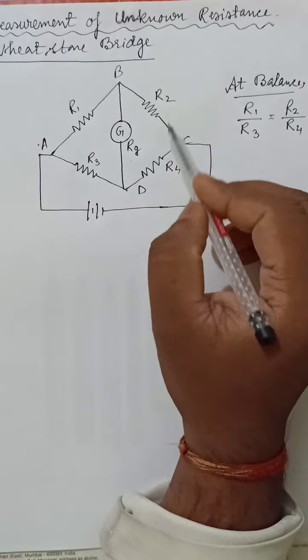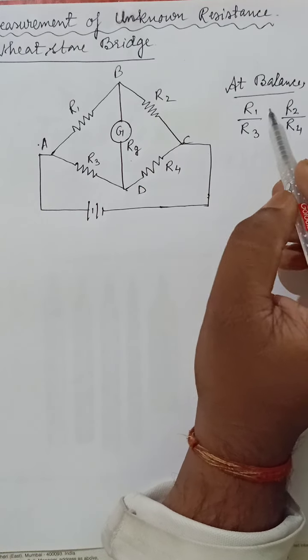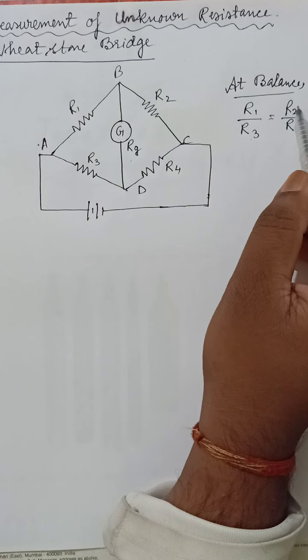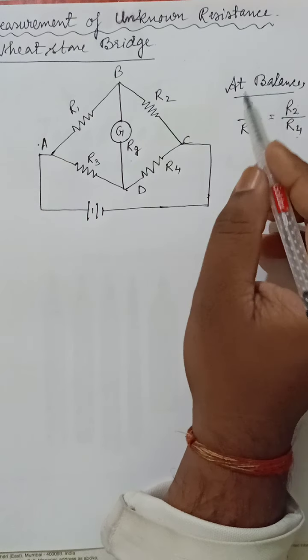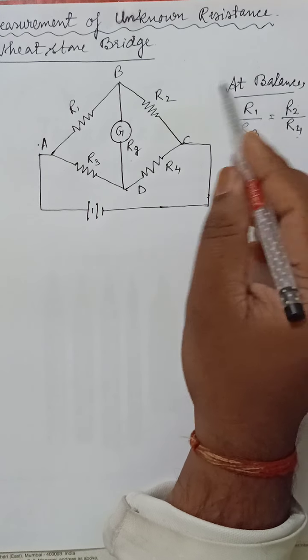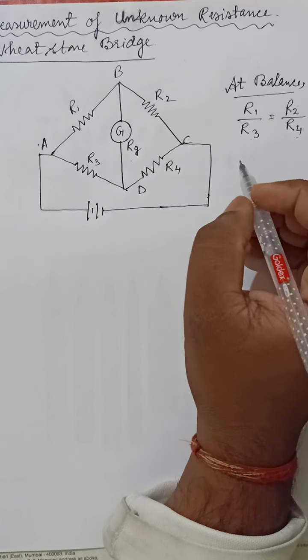So when this bridge is at balance, then we can write R1 by R3 is equal to R2 by R4. This is known as the balance condition of the Wheatstone bridge. Balance condition means there will be no current flowing through the galvanometer.